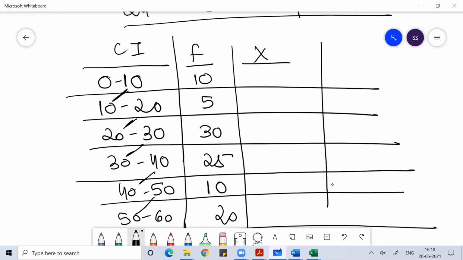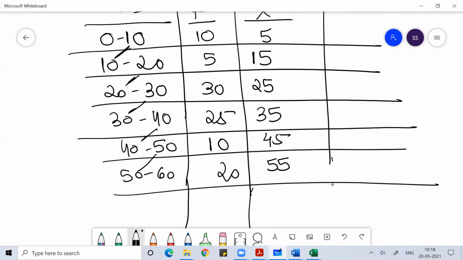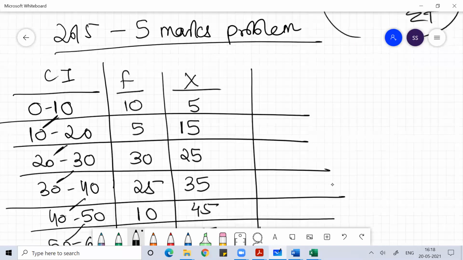So just find the class mark. 0 plus 10 divided by 2, 5. 10 plus 20 divided by 2, 15. 20 plus 30 divided by 2, 25. 30 plus 40 divided by 2, 35. Like this, 45, 55, and so you get the class marks.